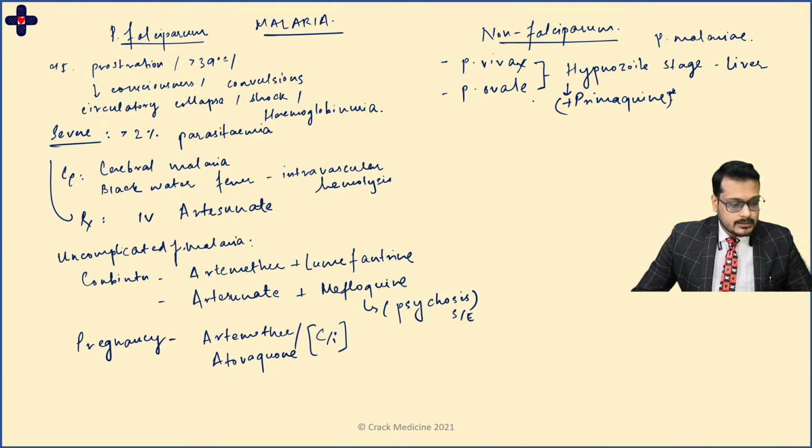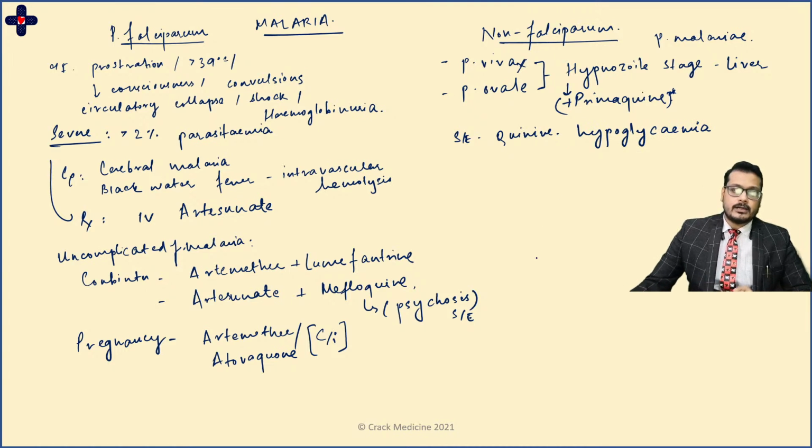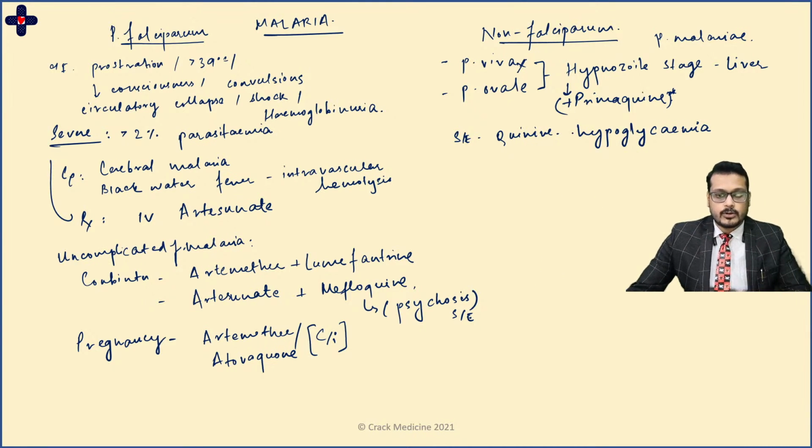And there are certain other things that you should know, some side effects. Like I mentioned, with mefloquine the side effect is psychosis. Then in cases of chloroquine or quinine, the major side effect is hypoglycemia. Okay, so you need to be very much aware of this. And they can ask you that the patient has been started on quinine, so what is the next investigation you want to perform.